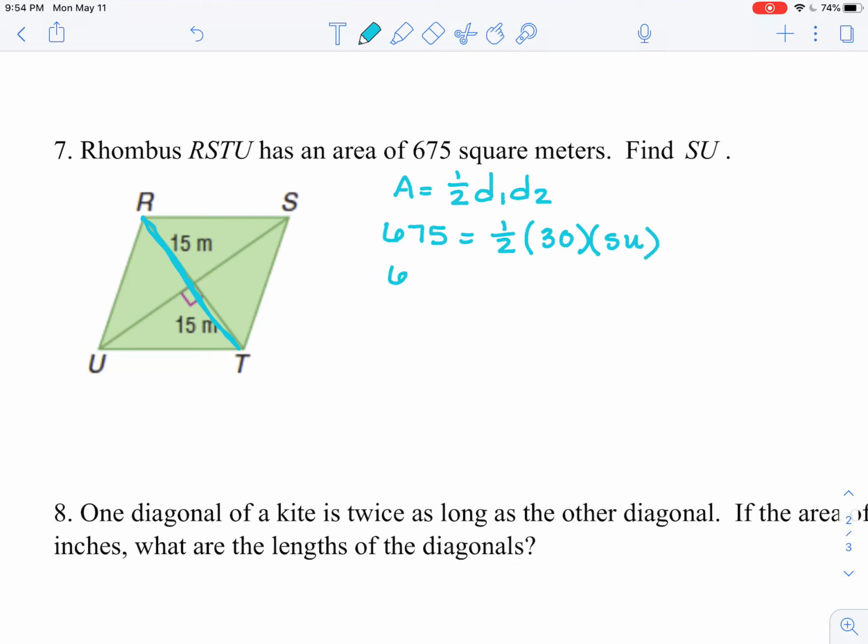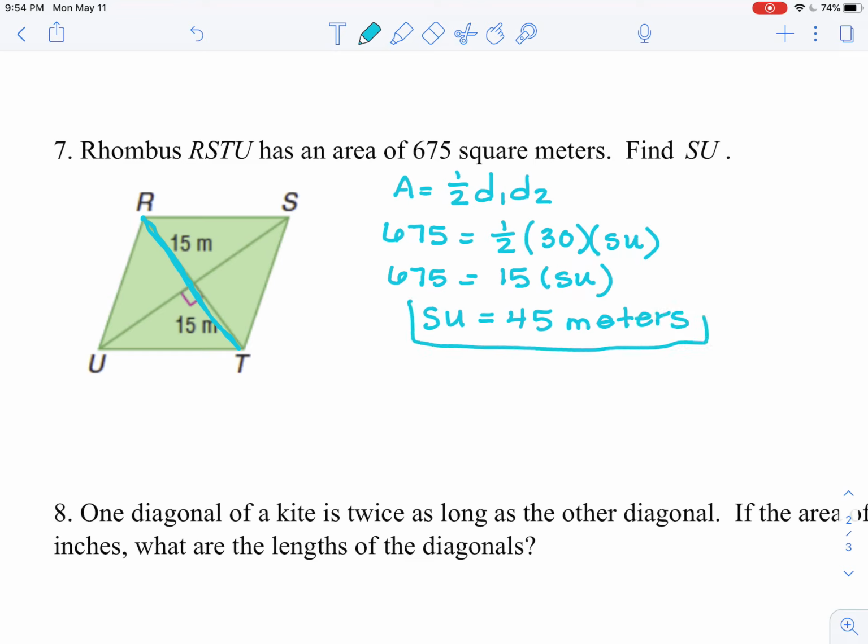SU is the other diagonal that we're solving for. So 675 equals 15 times SU. And when you divide both sides by 15, SU will be 45. And this should be meters.